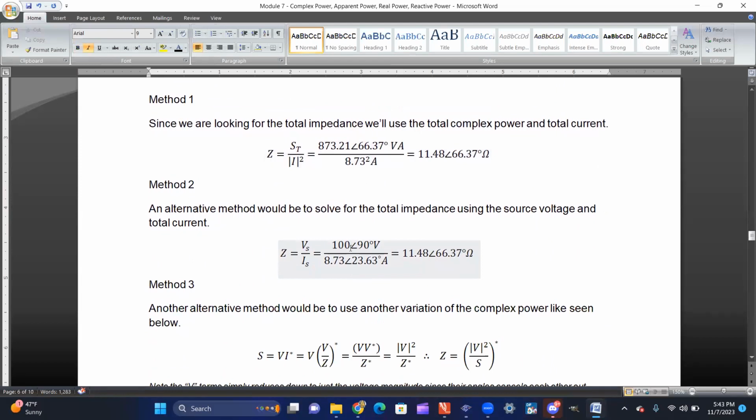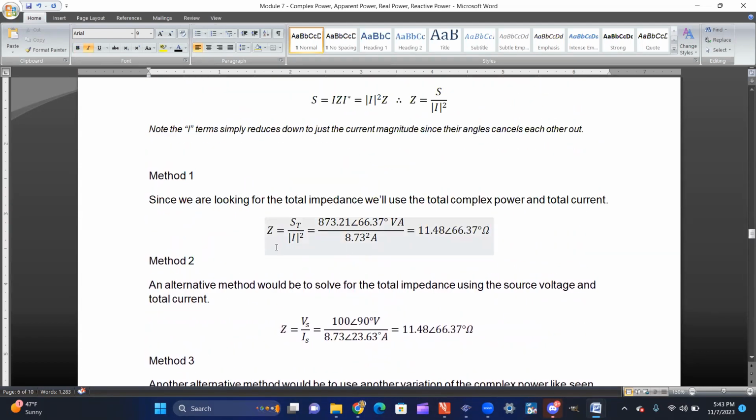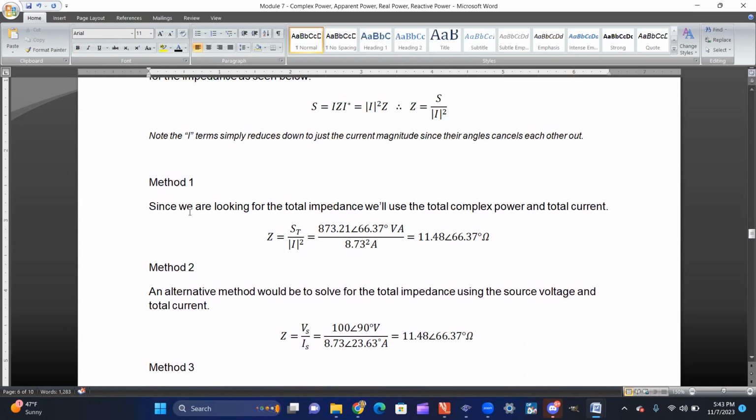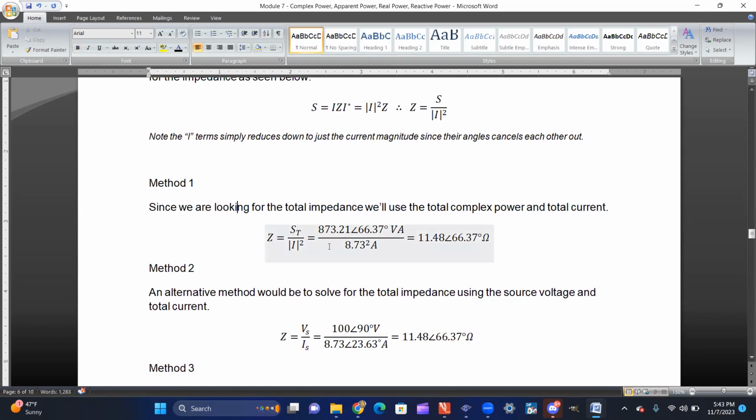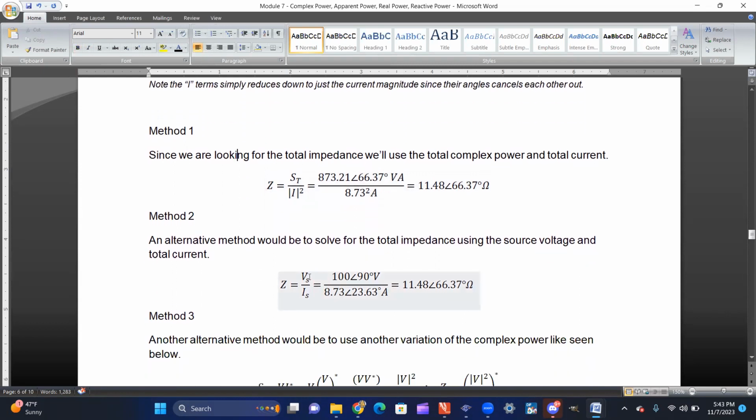There's a couple different methods I put down here that you can take to find the total impedance. Since we're looking for the total impedance, we'll use the total complex power and the total current. So we can use that. Or we can use the source voltage divided by the total current.